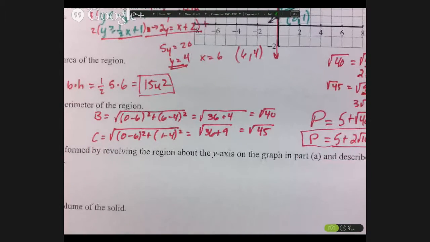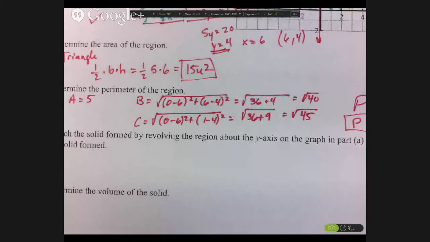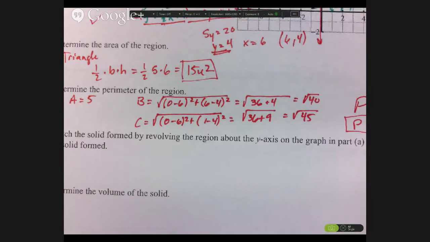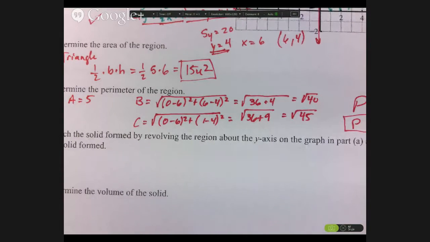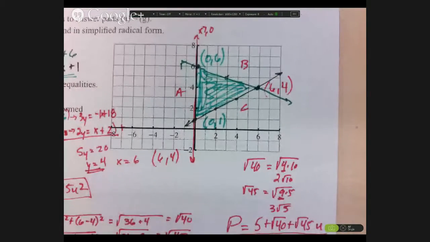This is where we get to the meat of today. Part E, sketch the solid formed by revolving the region around the y-axis on the graph in part A and describe the solid formed. So you have some visual exercise. Okay, y-axis, right?